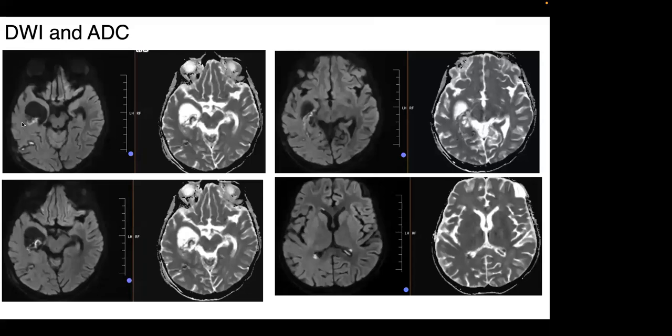On the diffusion sequences, we have some areas of restricted diffusion within the temporal horn, the ependymal margins, and also the adjacent cortex in the middle temporal lobe and the sulcal spaces, if you see on the parietal and occipital lobes, and some areas of diffusion changes in the ventricles.